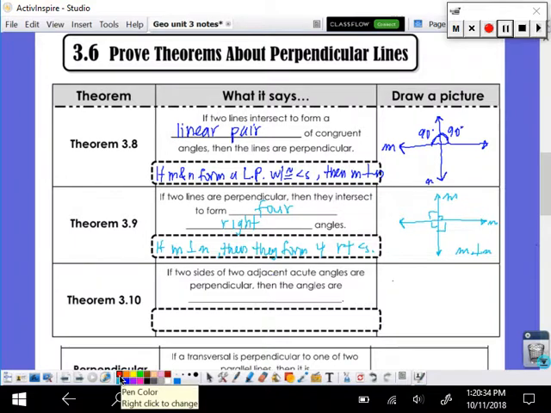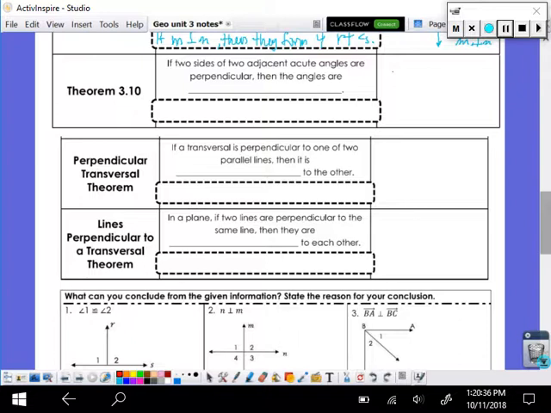Theorem 3.10. If two sides of two adjacent acute angles are perpendicular, then the angles are complementary. So let's say ray BA is perpendicular to ray BD, then angle ABC and angle CBD are complementary.